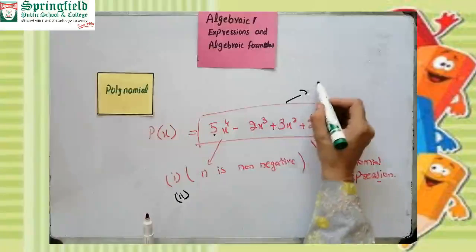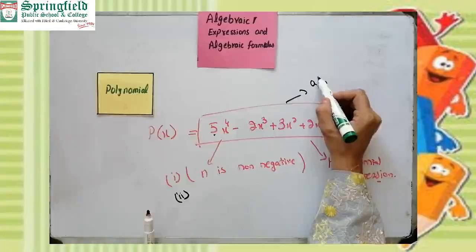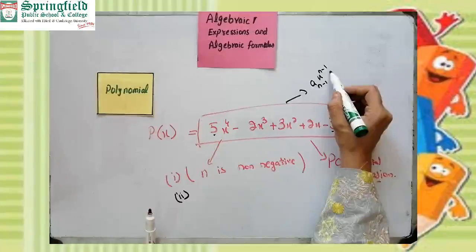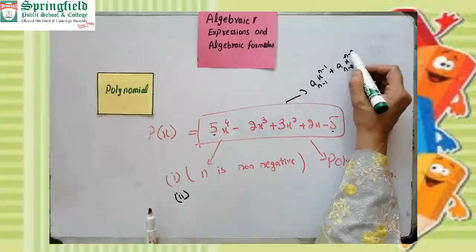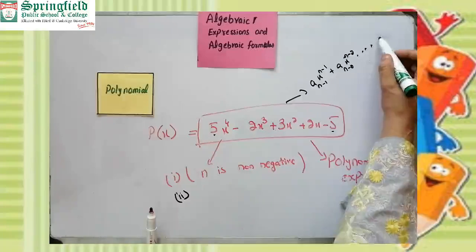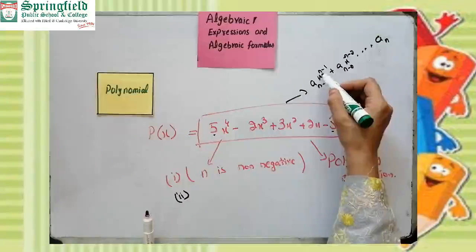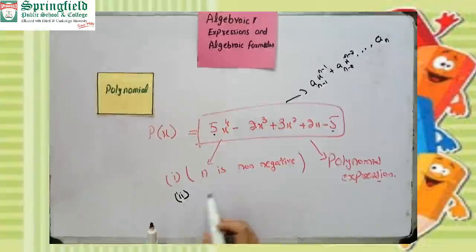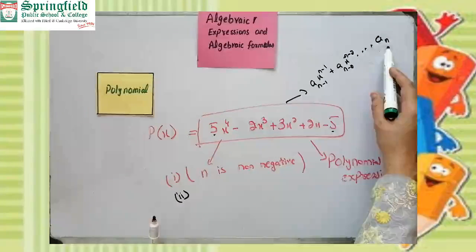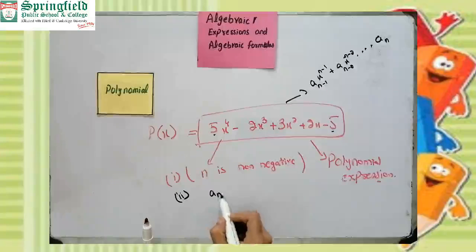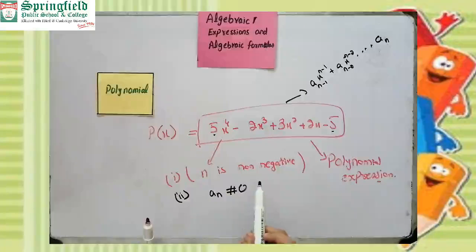So we can represent the polynomial expression as a_n x^n plus a_(n-1) x^(n-1) plus a_(n-2) x^(n-2) and so on, and the last term a_0. When the power n of variable x is not negative, and the last term is not equal to 0, then we say that expression is called a polynomial expression.